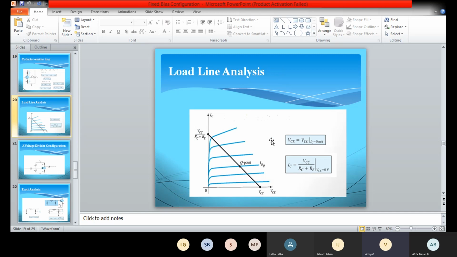VCE is equal to VCC. That is what we have written here. VCE is equal to VCC when IC is equal to 0, and when VCE is equal to 0, you will get IC equal to VCC divided by RC plus RE. This is the load line analysis. This is the Q point, meaning the transistor works at that point, that is the active region.